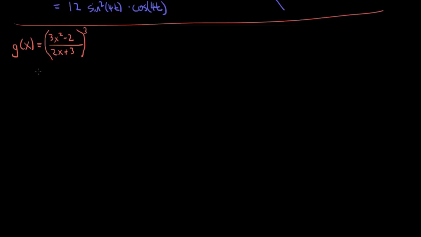So this is going to be tough because if you can kind of see what's going to happen here, the chain rule says we have a function.